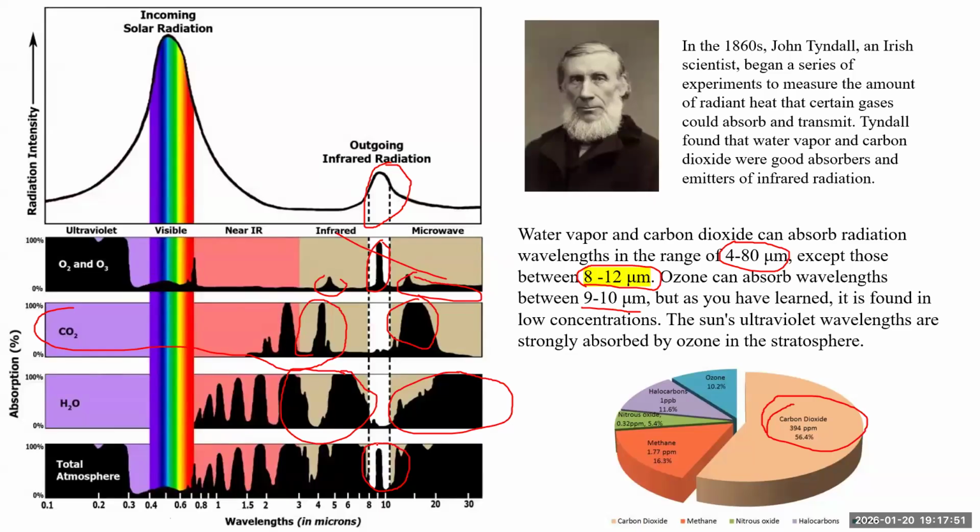So now we understand that due to the increase in the concentration levels of water vapor and carbon dioxide, more outgoing infrared radiation will be trapped by the greenhouse gases, which causes the Earth's energy imbalance. That's causing global warming, the temperature increase of the Earth.